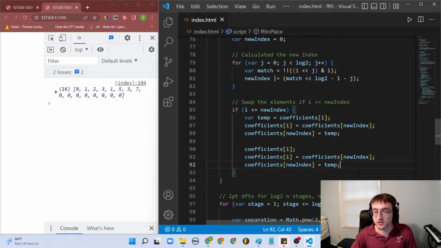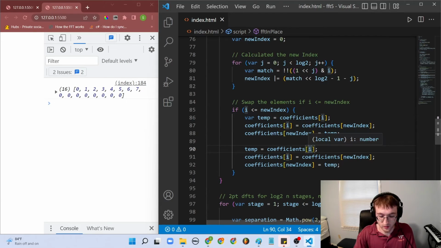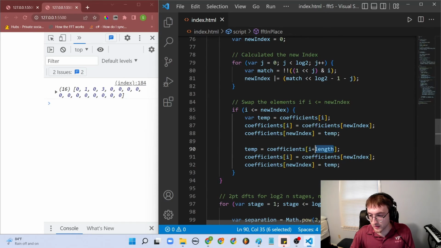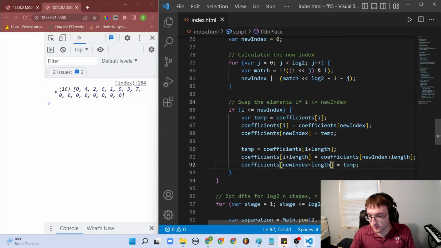And we're also just going to put the new imaginary values at the new index plus length, right? So I just need to now add plus length here, and then just add this for all these values. Cool, and as you can see now, it's only done the shuffle with the reals and imaginaries separately.